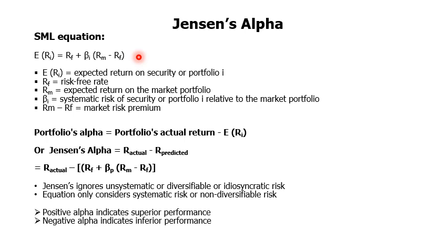The figure of expected and predicted return is subtracted from the actual return to calculate Jensen's alpha. Therefore, the equation becomes R actual minus [Rf plus beta P into (Rm minus Rf)].